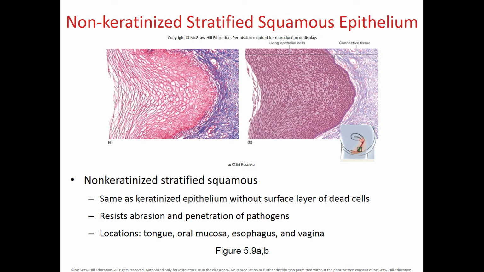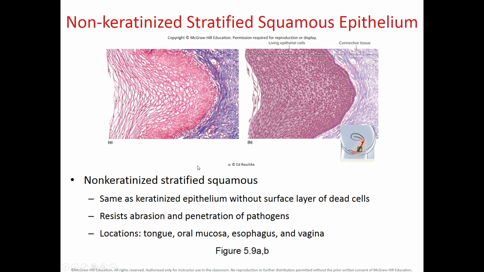Now, the other classification of stratified squamous is non-keratinized stratified squamous epithelium, and it is the same as the keratinized epithelium, but it doesn't have the layer of dead cells that we saw before, so you only have living epithelial cells, as you can see here.